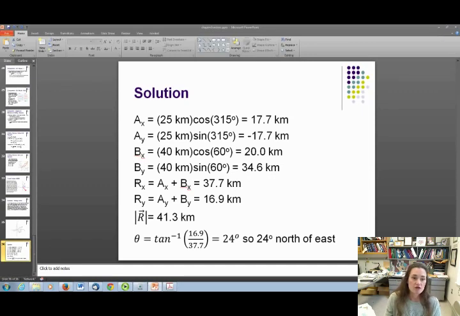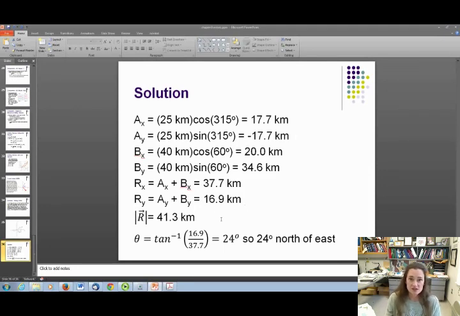All right, now for my resultant vector, I need to get the x component, so I add Ax plus Bx, and that's 20 kilometers plus 17.7 kilometers for 37.7 kilometers. For the y component, I've got Ay plus By, so negative 17.7 plus 34.6 gives me 16.9 kilometers.